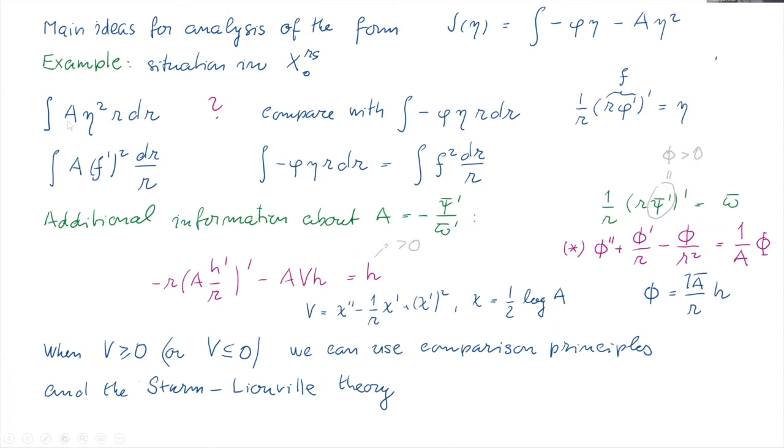One is the integral of A eta squared, and the second one is the energy. So the form is the difference: the energy, which is a positive term, minus another positive term. So it's not clear that it is positive.